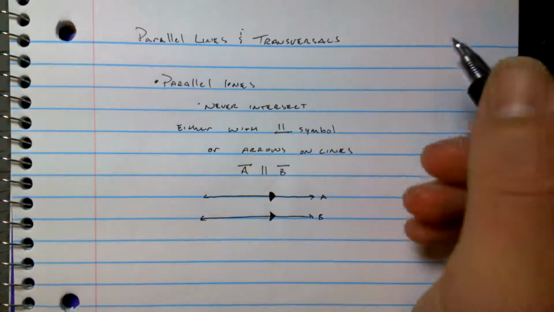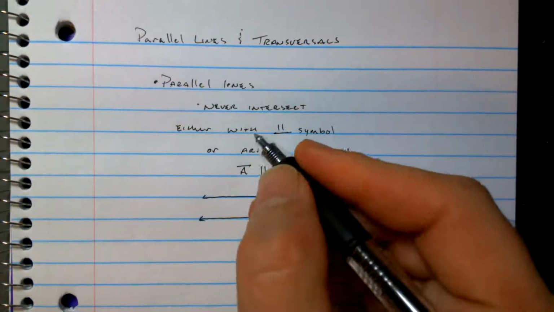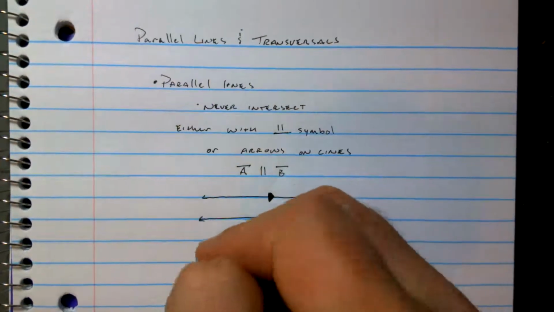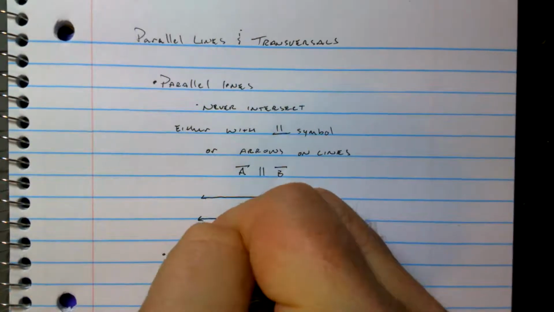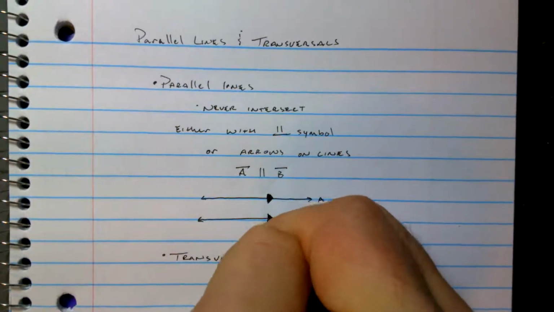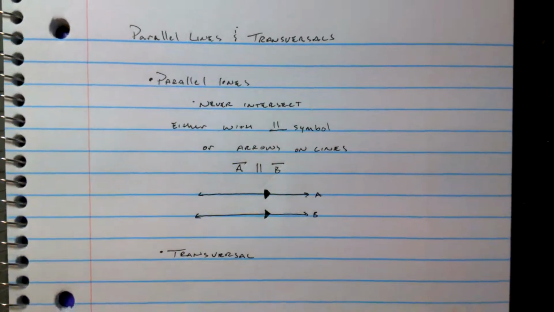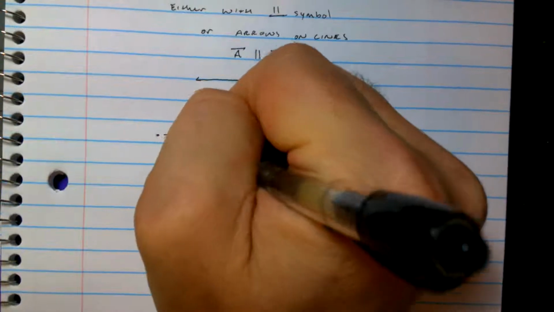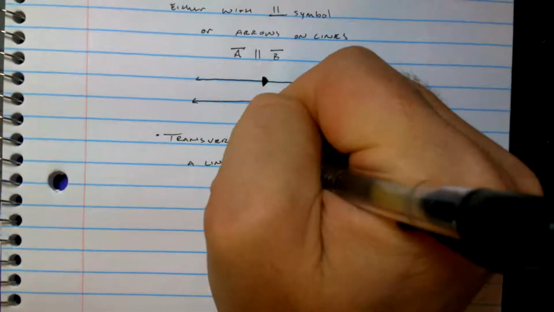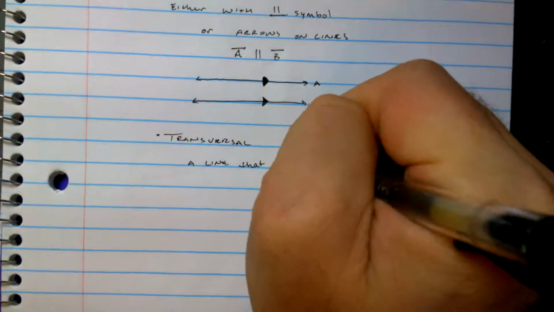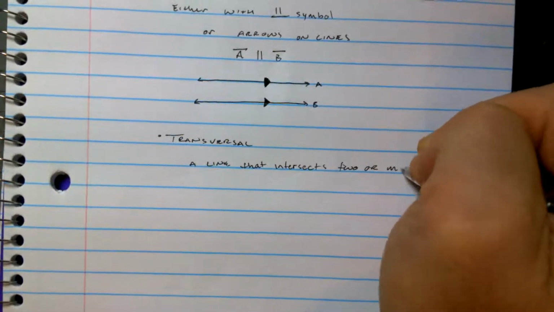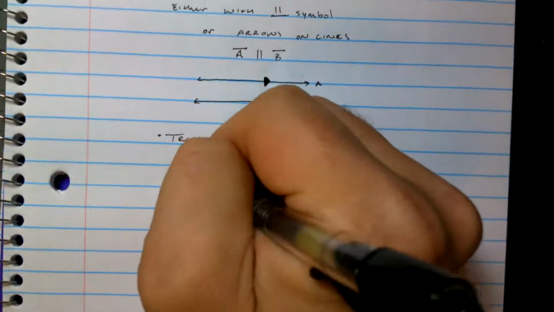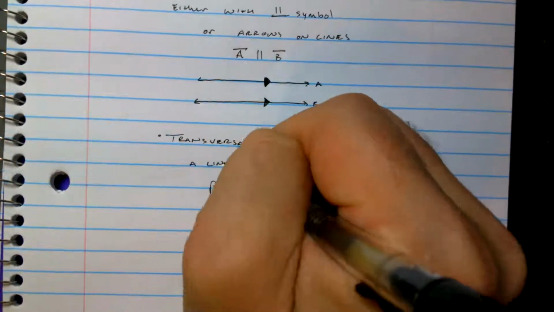And so a transversal is simply a line that intersects two or more parallel lines.